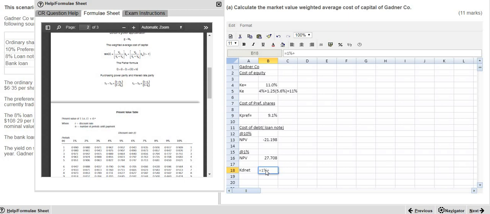Okay. Open bracket. The NPV of low, okay, divide by the NPV of low, 27.708, minus 21.198, so it makes it plus. Okay, so I'm going to close this up.